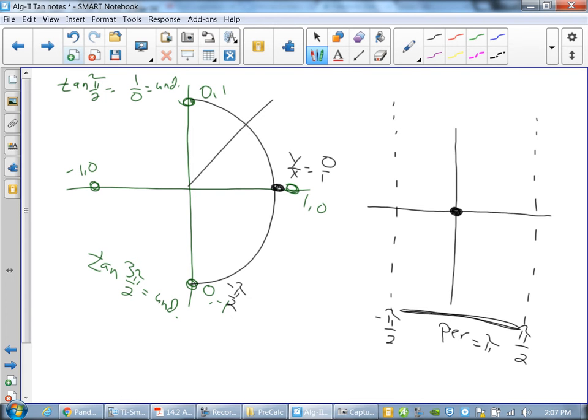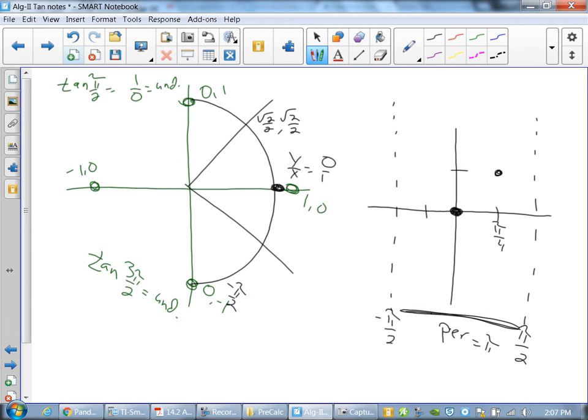What about 45 degrees, pi over 4? What's the ordered pair at pi over 4? What's root 2 over 2 divided by root 2 over 2? 1. So at pi over 4, it hits 1. What happens at negative pi over 4?